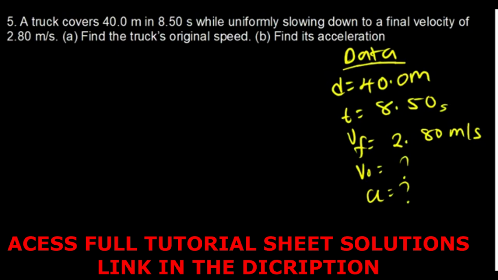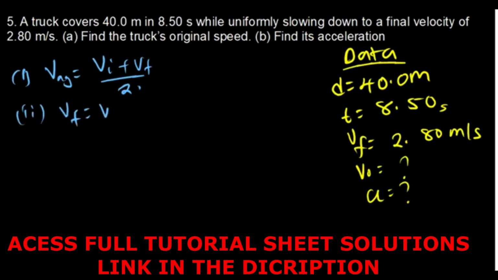Now we have four main equations which we need to be familiar with. If you know these formulas, then you are safe. The first formula, to find the average velocity, is equal to the initial speed plus the final speed, divided by 2. The second equation is for finding the final velocity when you have the initial velocity, the acceleration, and the time.